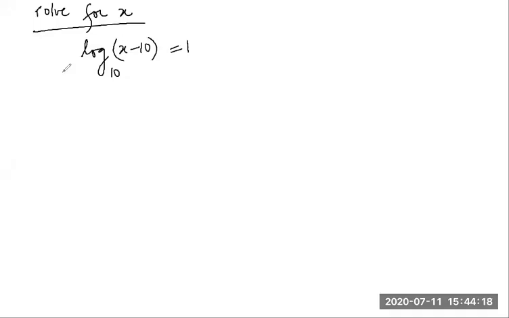Yes, students. Now let's solve this for x. It is given log of x minus 10 to the base 10 is equal to 1. How will we solve this? So, students, again, we get back to the definition of log. If 2 raised to power 3 is equal to 8, how will we convert this exponent form into log form?